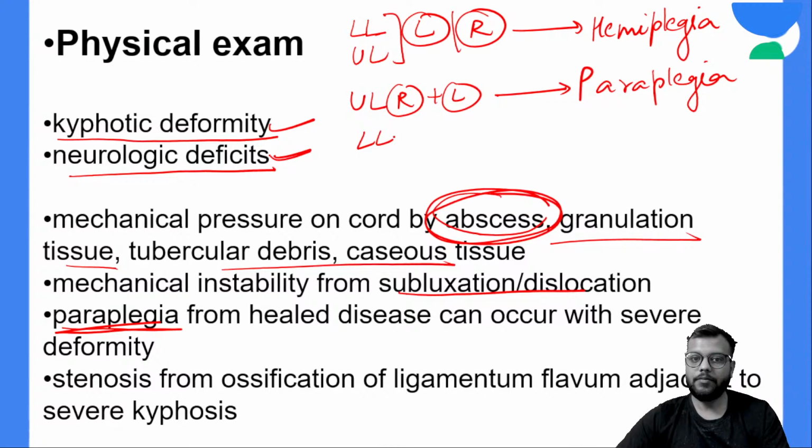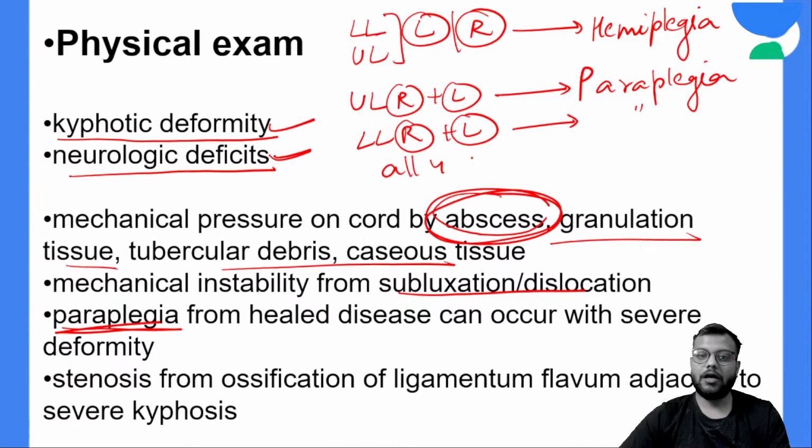And if there is involvement of all four limbs, then it will be called quadriplegia.